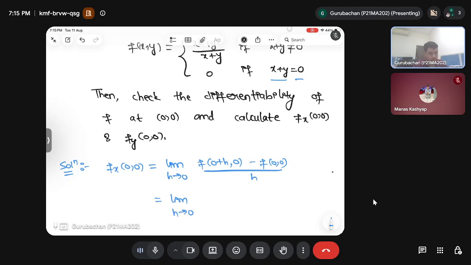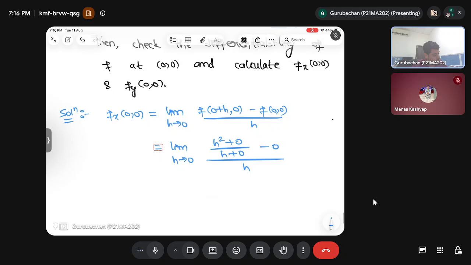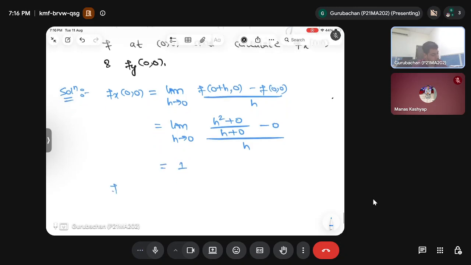The first one will be h square plus 0 h plus 0, and this comes under the second case, divided by h. So this will give us the value 1. In the same way, since fxy is the same as fyx, its partial derivative will be the same.